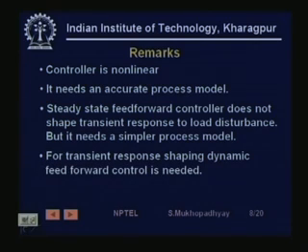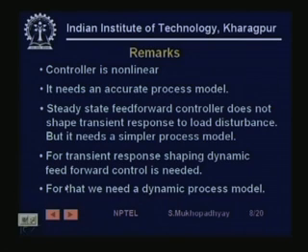If you want to really have matching even at the transient level, then you should design feed forward controllers based on dynamic models, which is even more difficult, but that is the price you pay for being able to use a simpler process model. So for transient response shaping, we need a dynamic feed forward control, for which we need an accurate dynamic model.